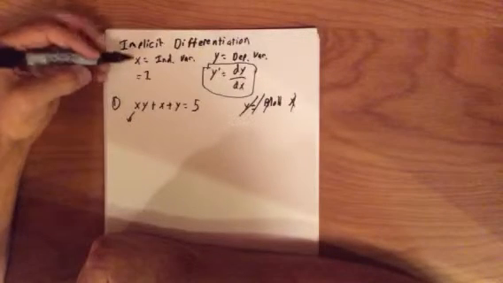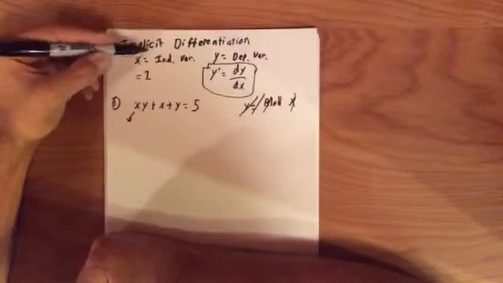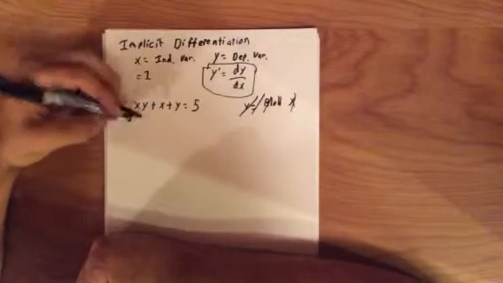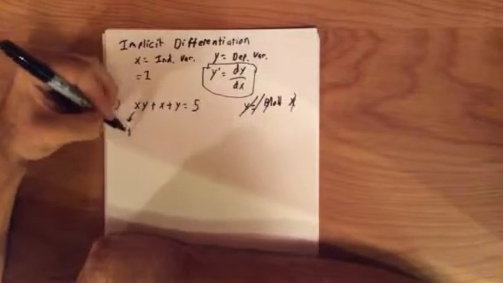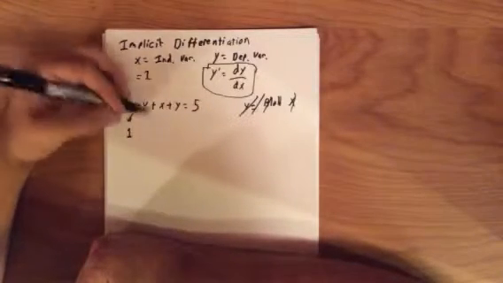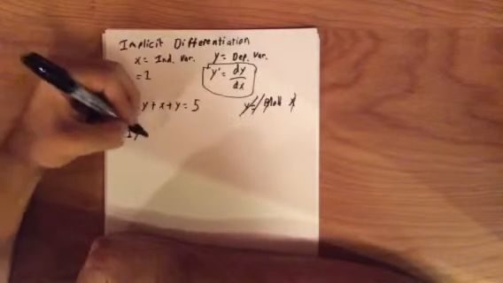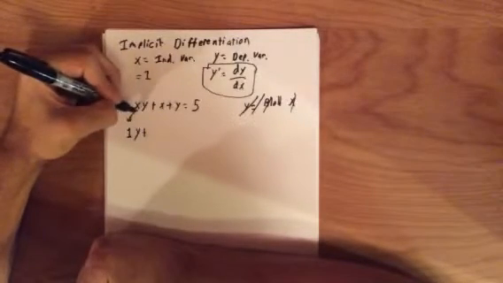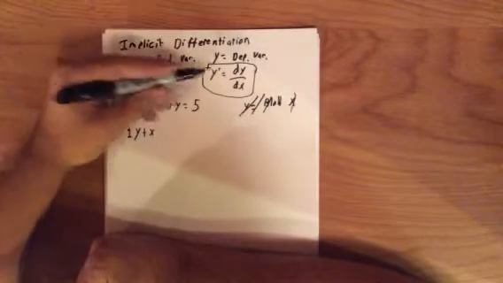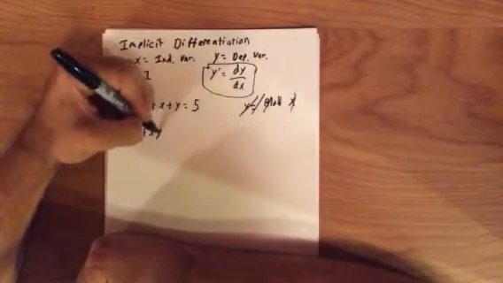So we discussed earlier that the derivative of x is going to be 1. If we use the product rule, that's the derivative of the first term, which is 1, times the second, which is y, plus the first, which is x, times the derivative of the second, and let's use the y prime notation. These are equivalent.